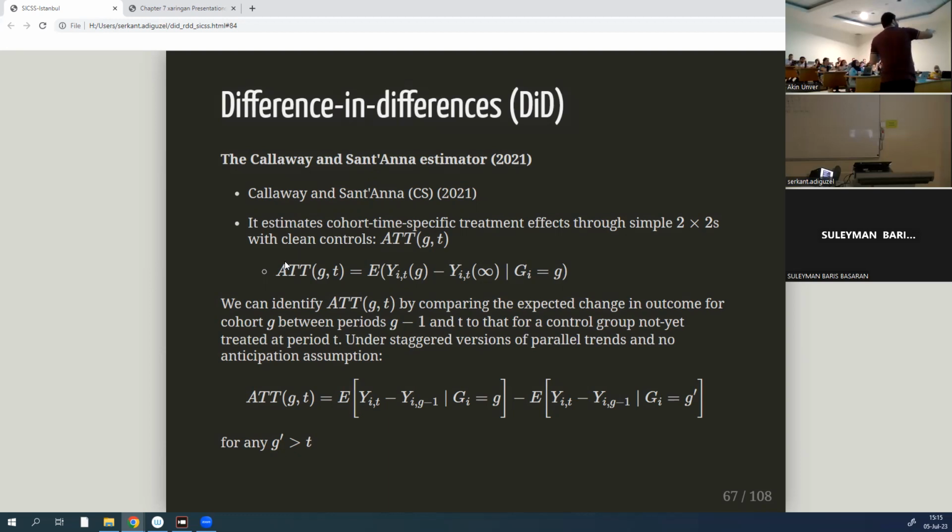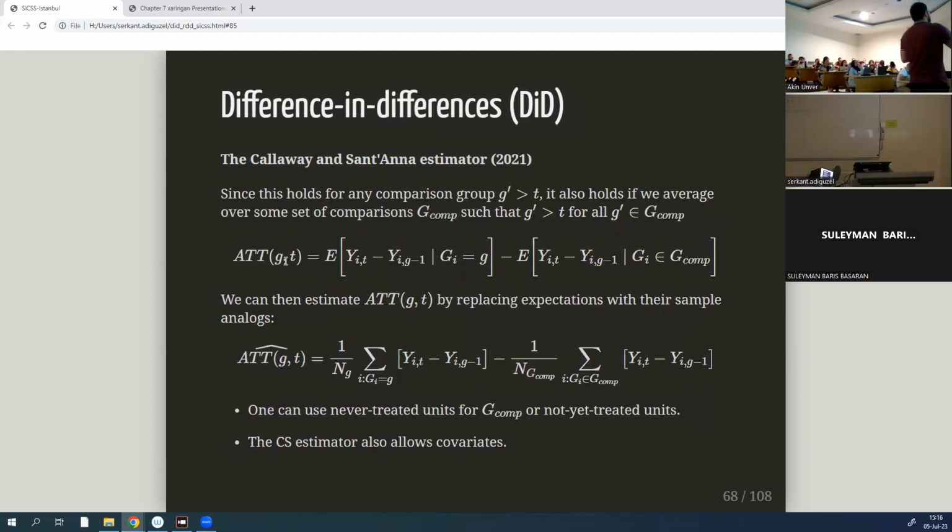So they identify those group-specific ATTs, all right? Of course, you need to find some proper controls, and they need to be clean controls, meaning that either they need to be never treated groups, or you can use early time periods of the later treated, correct? So once you have these cohort-time specific treatment effects, the cohort specific ATTs, then you can combine them in whatever way.